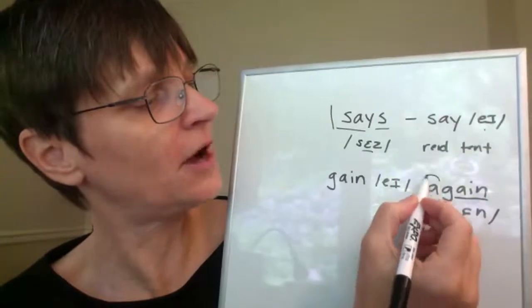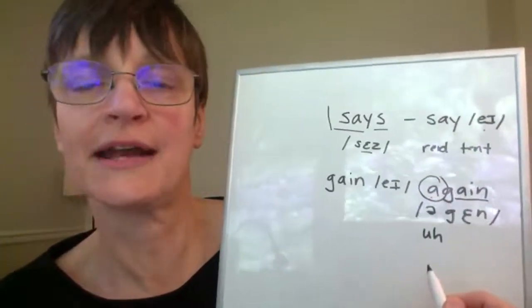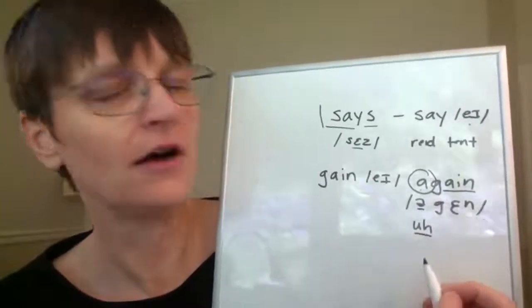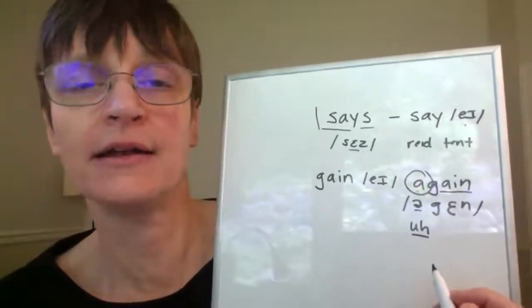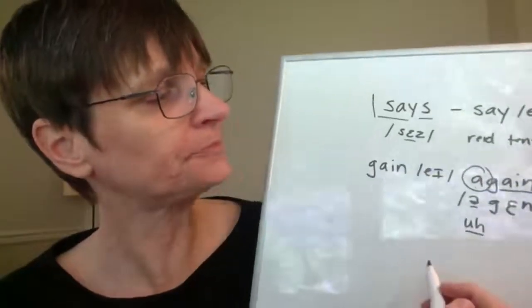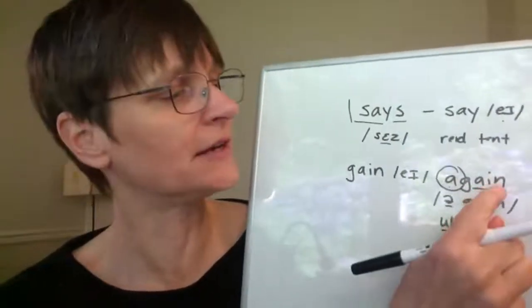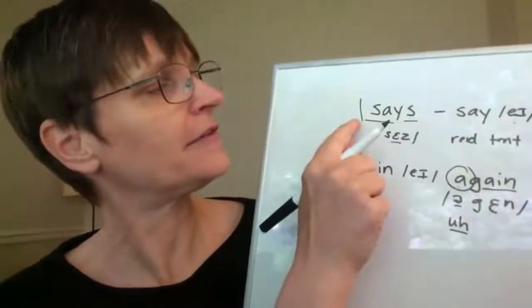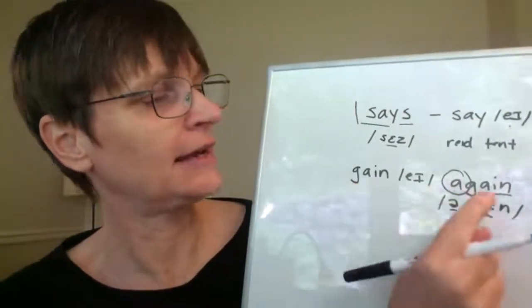So this is a common error from many words that have this letter A at the beginning. They actually have the schwa sound. So again, across, among, about, etc. That's always because the second syllable in those words is stressed rather than the first. So we have say and says, gain and again.